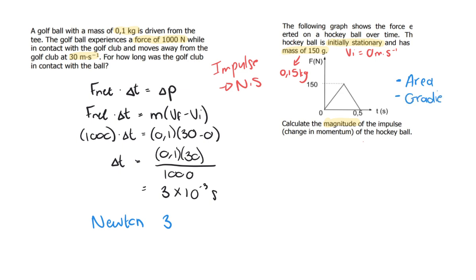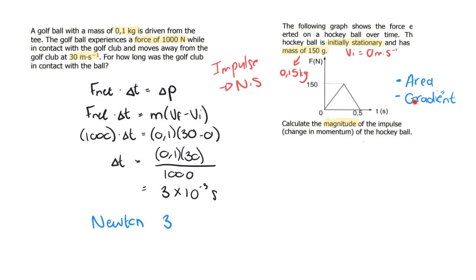Both of these give you a lot of information depending on which graph you use, and we saw how important both of these are when we looked at projectile motion and those motion graphs, the velocity over time and the displacement time graph.